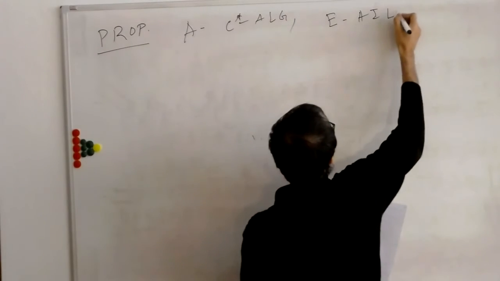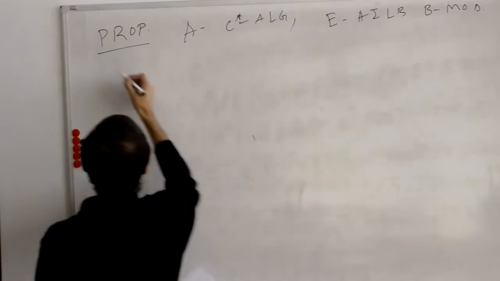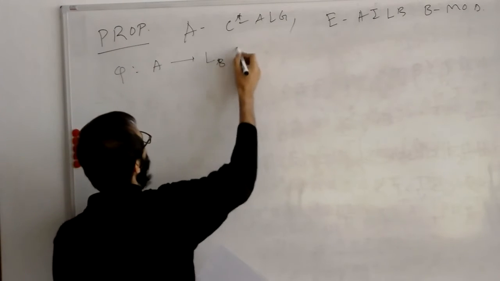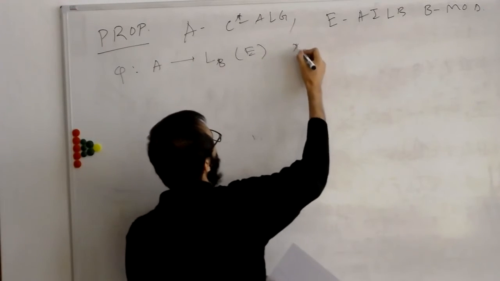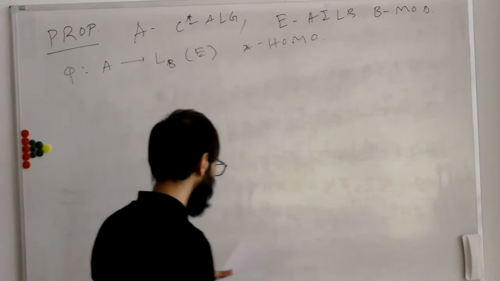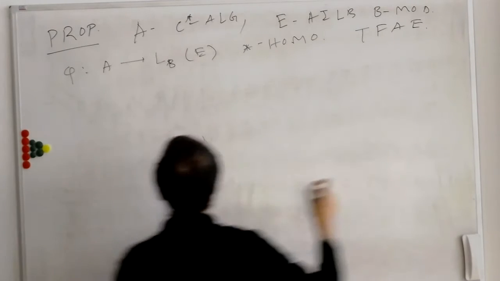Let A be a star algebra, E a Hilbert B module, and phi a star homomorphism from A to the adjointables of E. The following are equivalent.